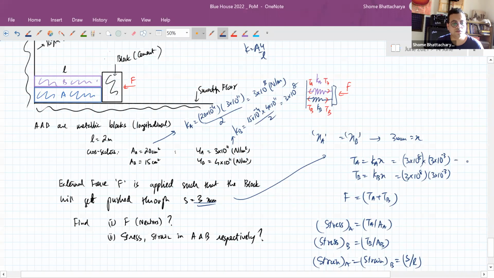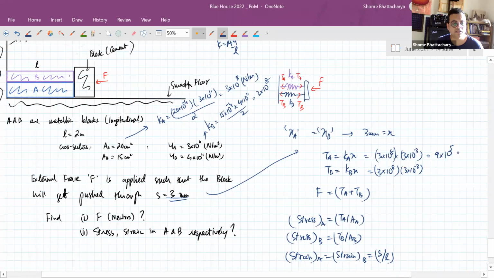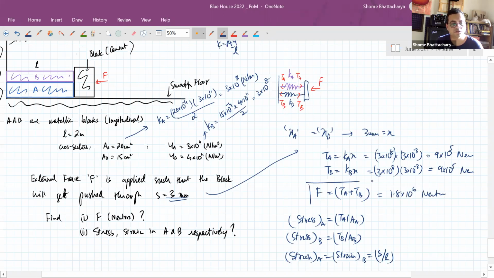So each of them will have a tension of 900,000 newtons. So the net tension will become the net force on this. Okay.